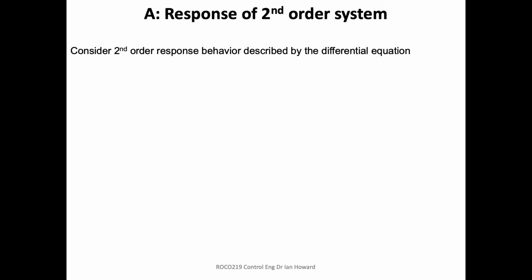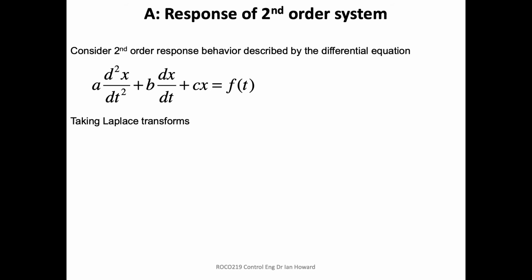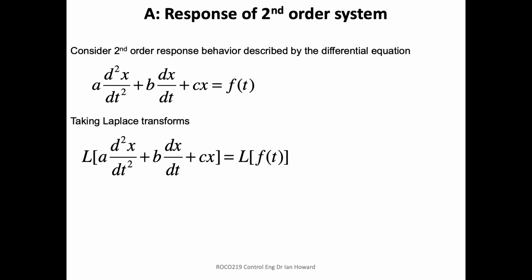So let's consider the second order differential equation, and we have to take first of all Laplace transforms so we can analyze it and come up with its transfer function. Because we're looking at its transfer function, we don't have to worry about initial conditions.